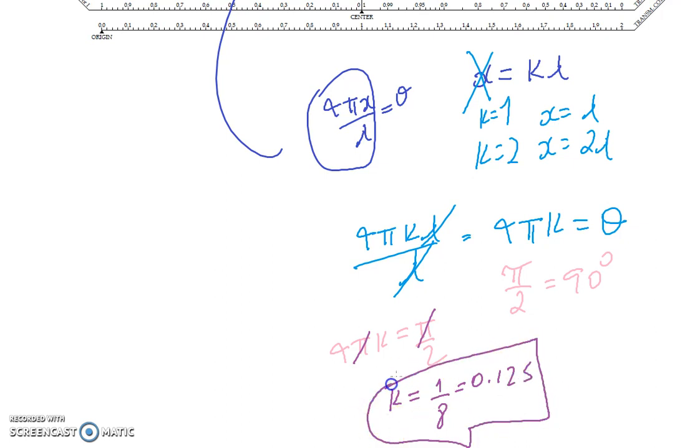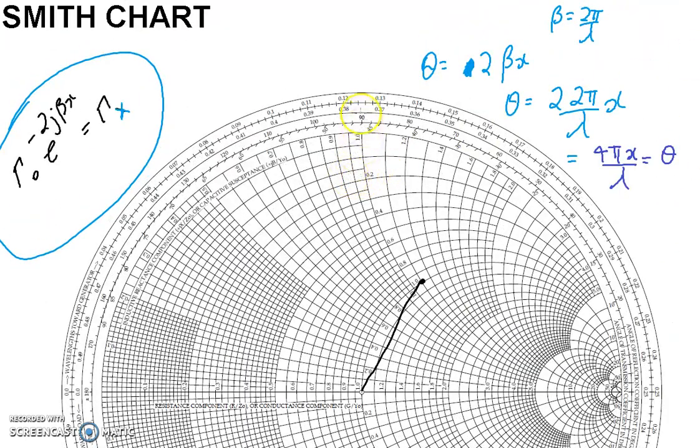So this means that an angle of pi over 2 maps to a k of 0.125. So if we go here, an angle of 90 degrees maps exactly to 0.125, which is in between 0.12 and 0.13. So this is where this comes from.